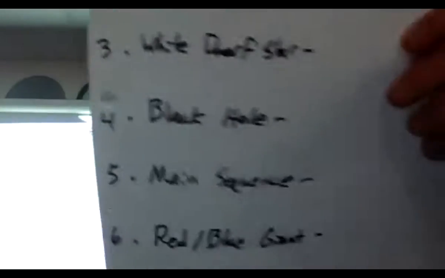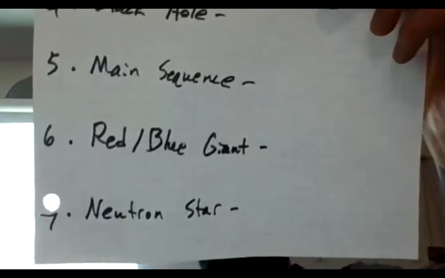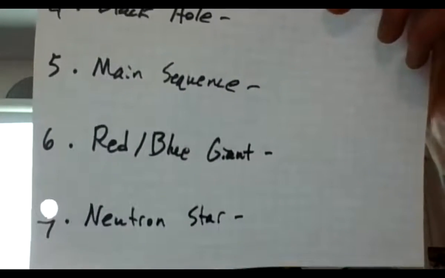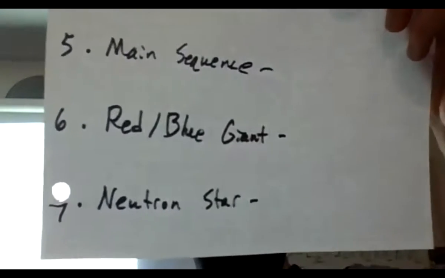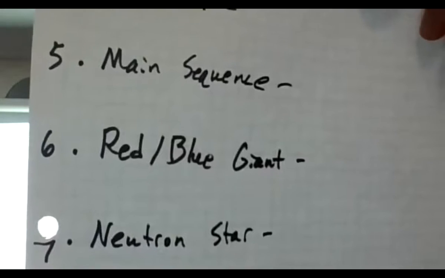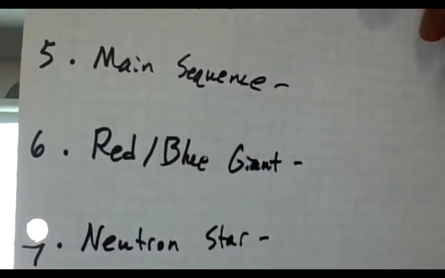And then your last 3 are going to be the main sequence, that's what our sun is, red and blue giants, and lastly, neutron stars. These are the last 3: main sequence, red and blue giants, and neutron stars.